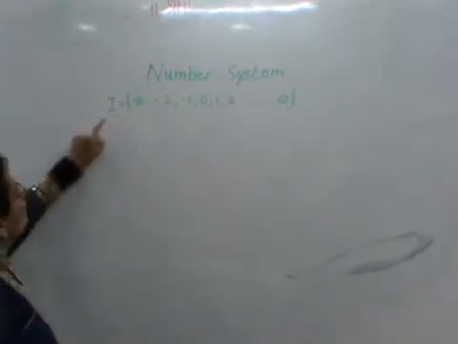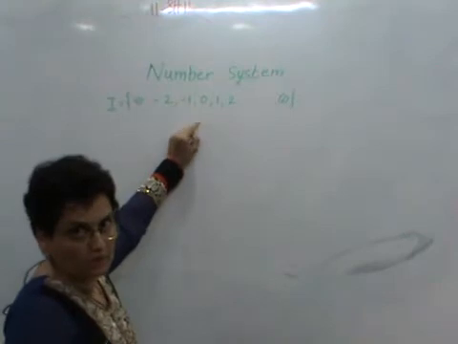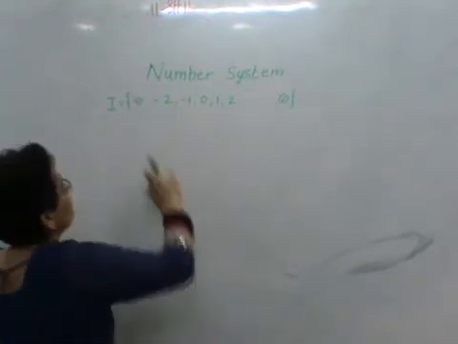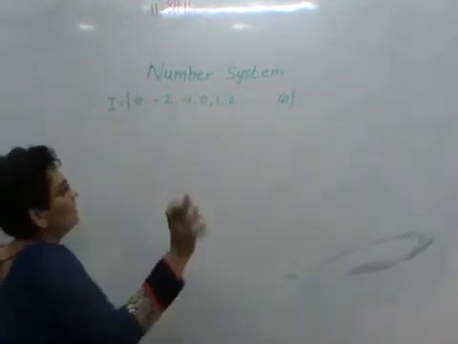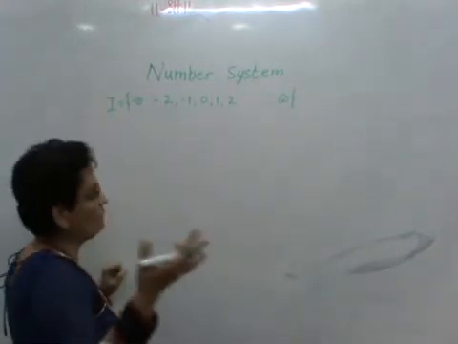So, whenever we do a sum of integers, it is not necessarily positive or negative. Sum of any two integers will not necessarily be positive or negative.